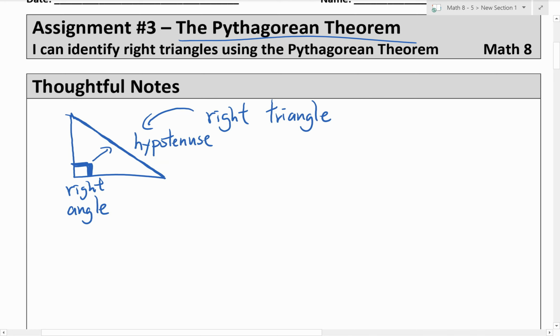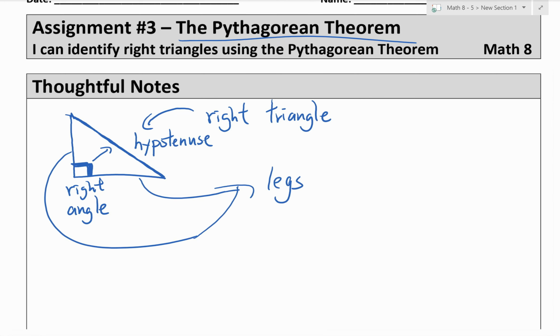The other two sides we simply call the legs of this triangle. So we have two legs and one hypotenuse, and that makes up a right triangle. That's the introduction to a right triangle.